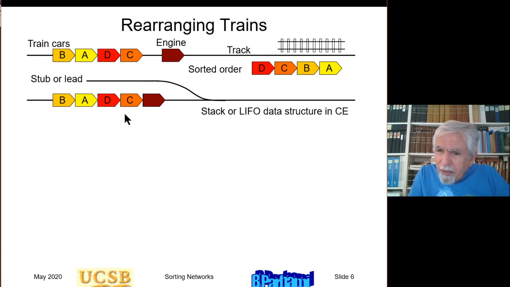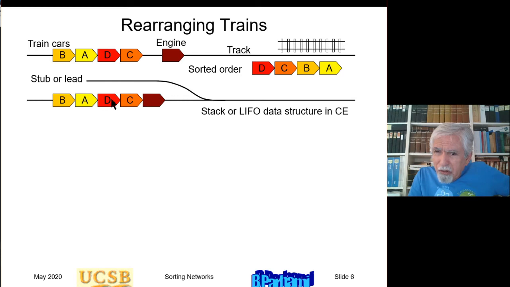Basically, the train operator takes C and D forward past this interchange and then pushes C and D by changing the state of the switch, goes backwards, pushes C and D into the stub. So now I have D and C in the stub.